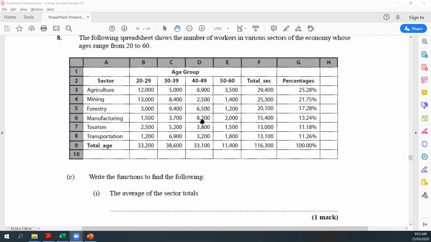Okay, so the first thing is, what is the formula for average in Excel? Did anyone type the formula in the chat to find the average?